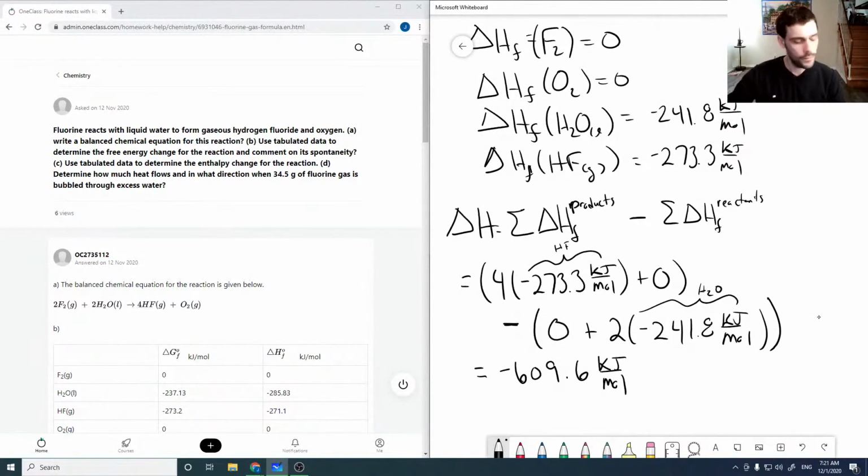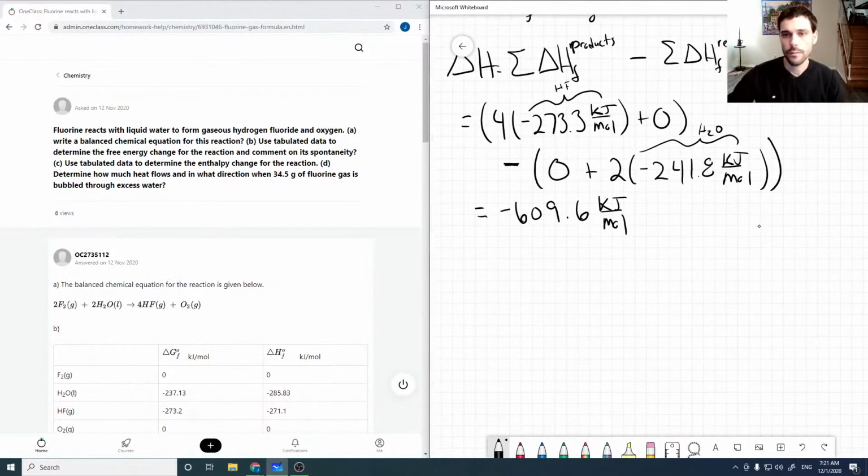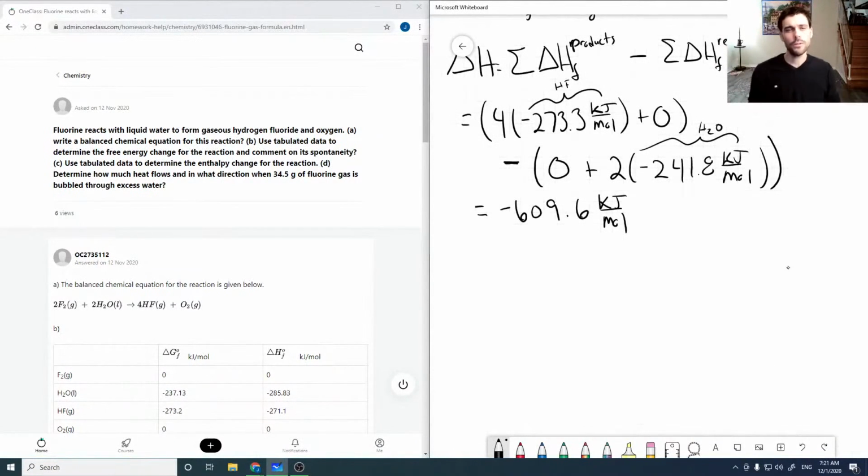Okay, and the last part of the question asks, determine how much heat flows and in what direction when we have a mass of fluorine gas of 34.5 grams.